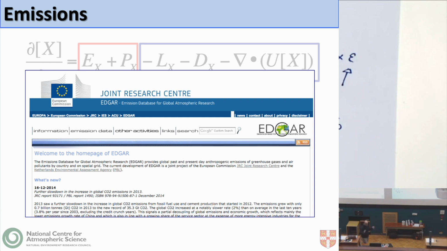So again, the good thing is lots of people spend their whole careers working on emissions inventories, and there are some great ones out there. You just need to Google for them, or speak to some of your colleagues, or speak to Luke, or anyone at the UKCA course can tell you about trusted places to get emissions.